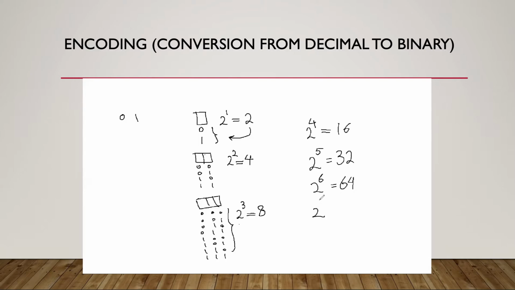If I had 7 bits, I can have 128 codes. If I have 8 places, 256. Yes, as you see, every time it gets double. 2, 4, 8, 16, 32, 64, 128, 256. Okay, let's clear the screen.